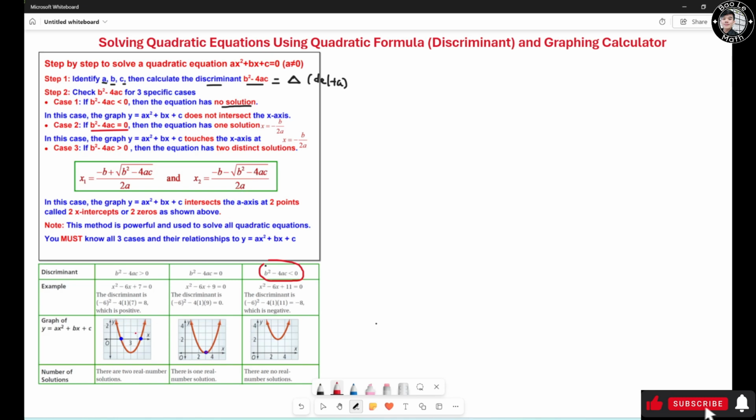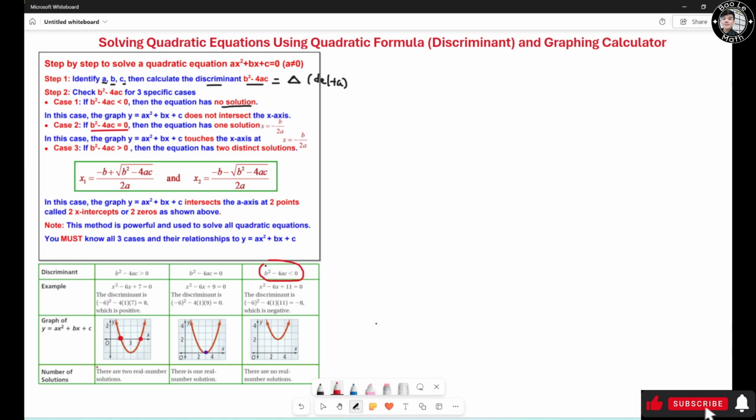In this situation, the quadratic function crosses the x-axis two times. It's going to be 1 and 2 right here. And these are the two zeros of the quadratic equation, right?